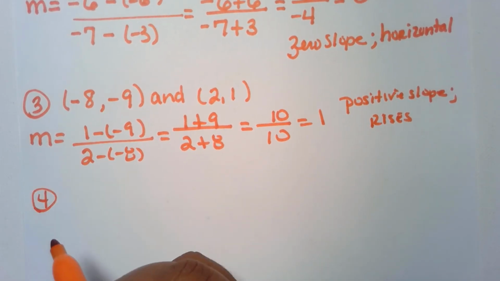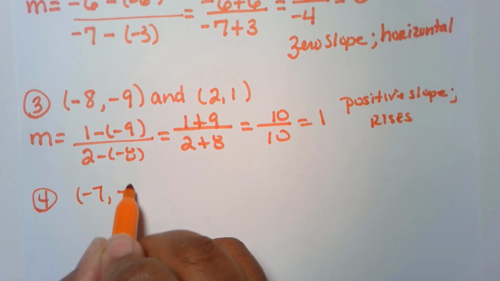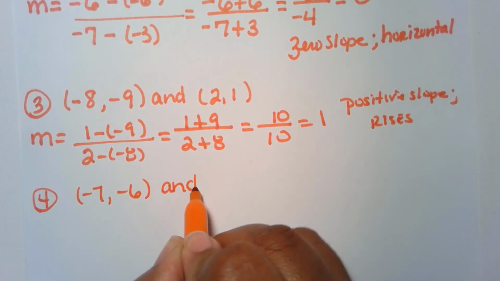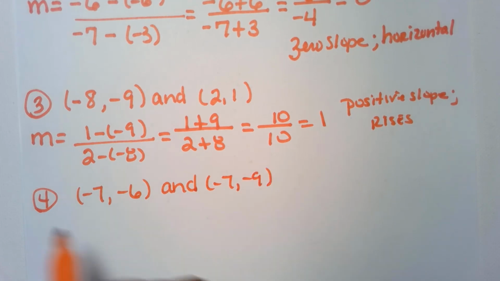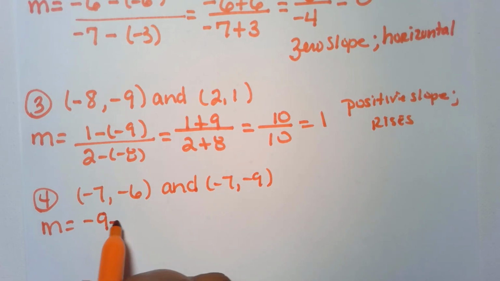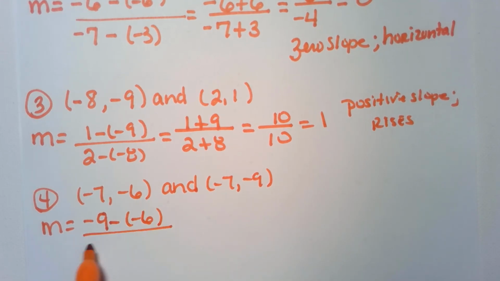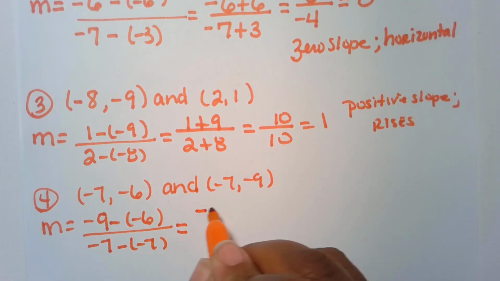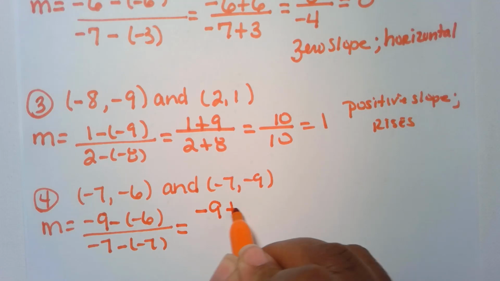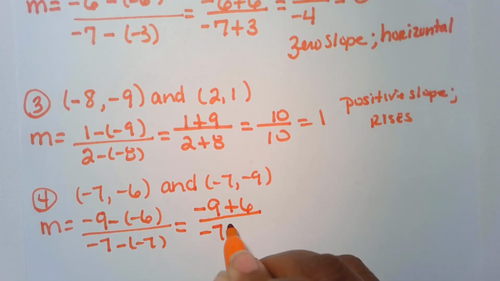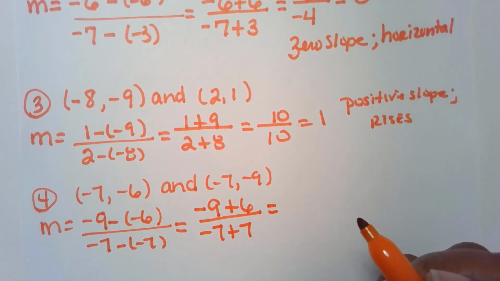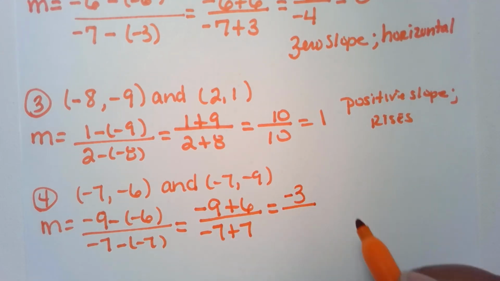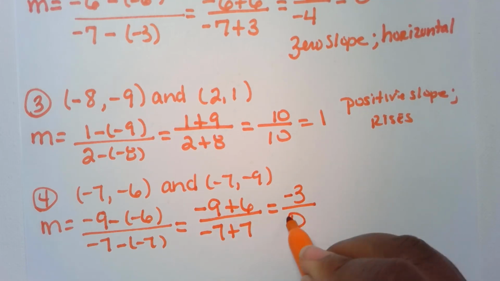Last example, we have (-7, -6) and (-7, -9). Here we go. We have m is equal to -9 minus -6, and -7 minus -7 in the denominator. The two negatives become -9 plus 6 over -7 plus 7. -9 plus 6 gives us -3, all over -7 plus 7, which is 0.